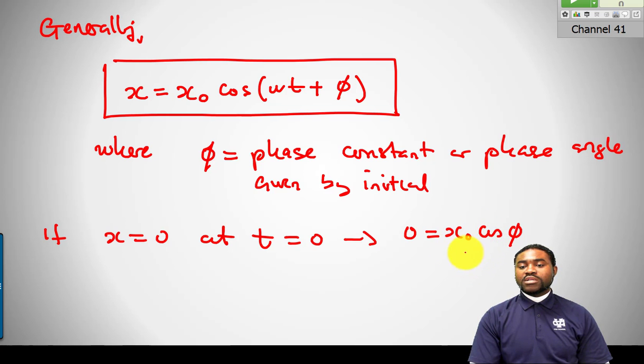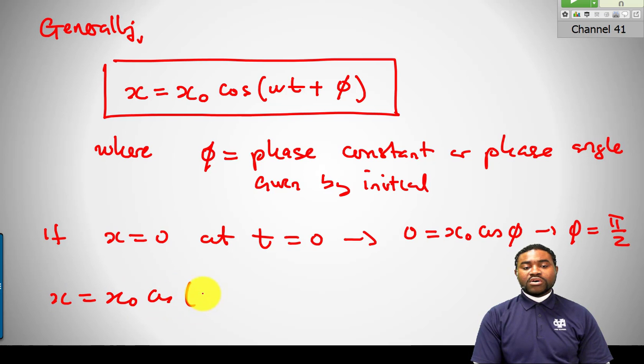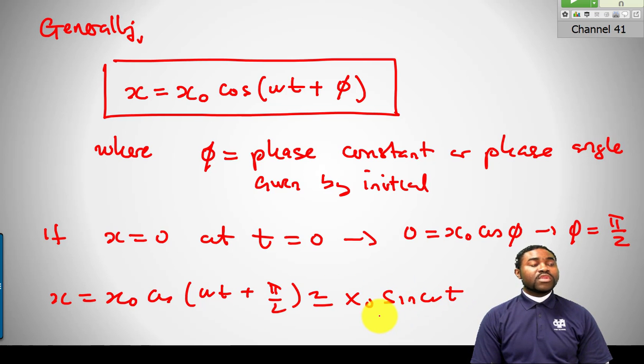Phi. And this implies that phi will be equal to pi over 2. Therefore, in this case, x will be equal to x naught cosine of omega t plus pi over 2, which is equivalent to what? x naught sine omega t.